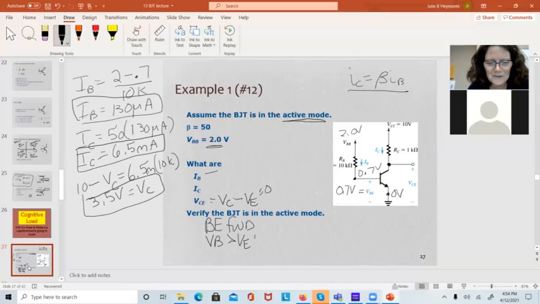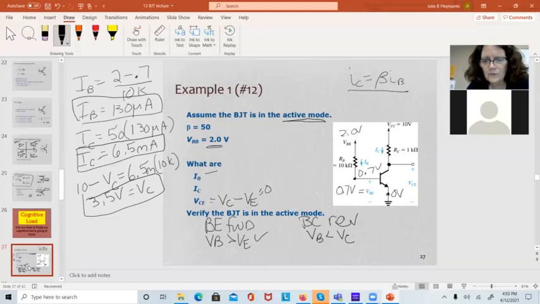Let's make sure that it's actually the base collector, it's not in the other one, saturation, is reverse bias. So that would mean VB would have to be less than VC.